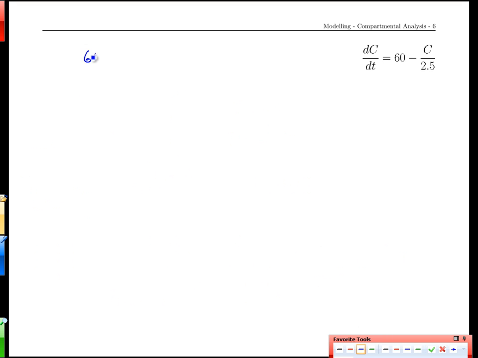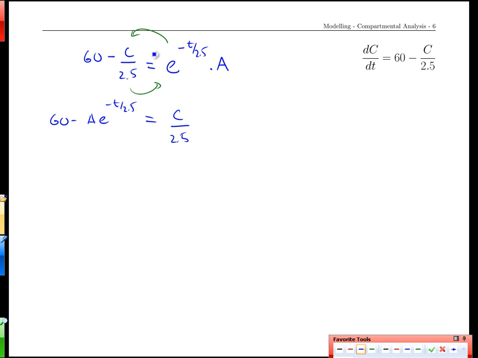We make that conversion, we'll have 60 minus c over 2.5 is e to the minus t over 2.5 times A. Okay, still honing in on c, so we'll bring this to the other side. We'll have 60 minus A e to the minus t over 2.5 is c over 2.5, positive because we moved it over.